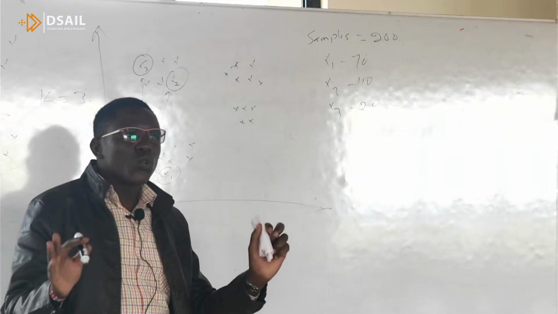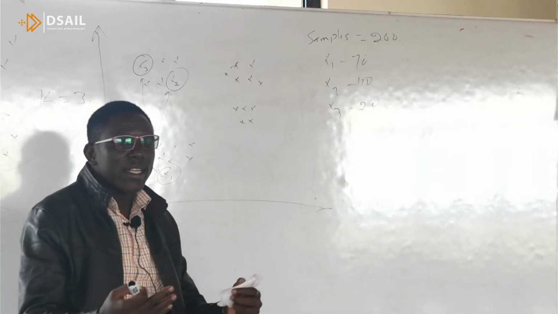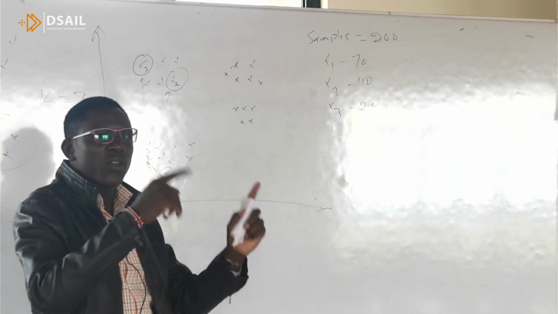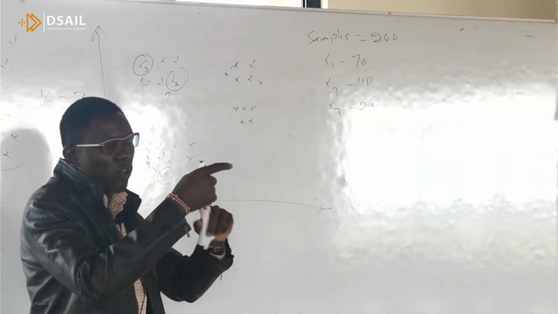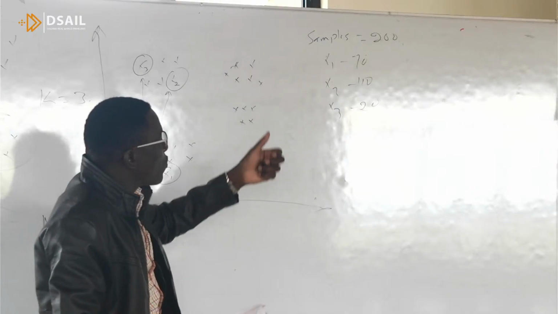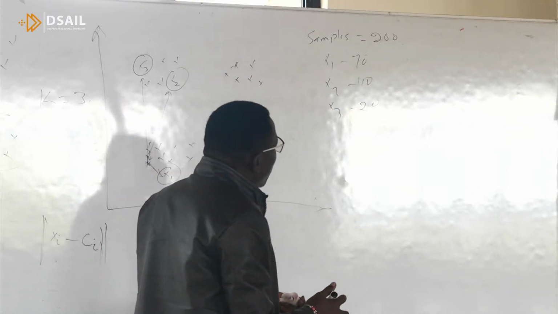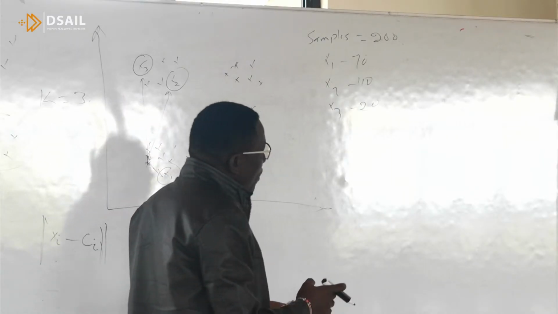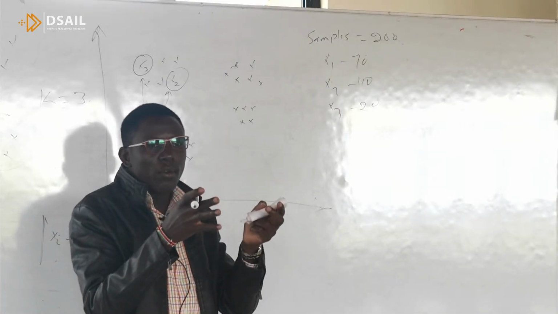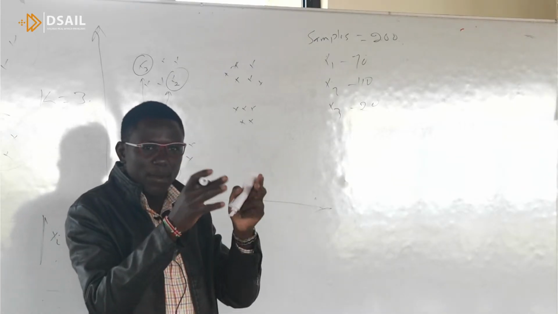So what we do next is update the centers. In the initial step, we chose randomly and assigned all these points to the closest centers. Next, we update the centers. Updating the centers is just computing the mean of all points in that particular center.